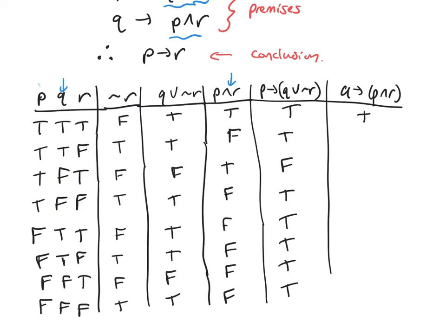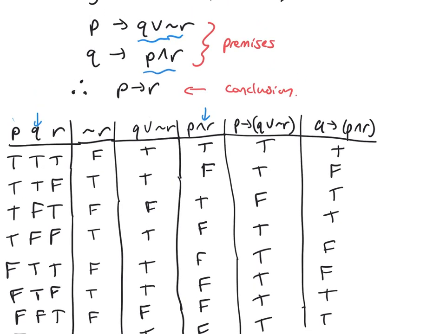A true and a false would give you false. And the next two are automatically true because Q is false. True, false would be false. Another true and false. And then here, automatically true.